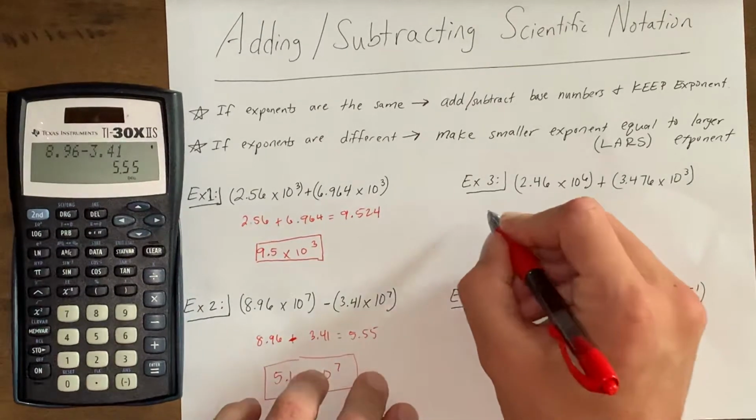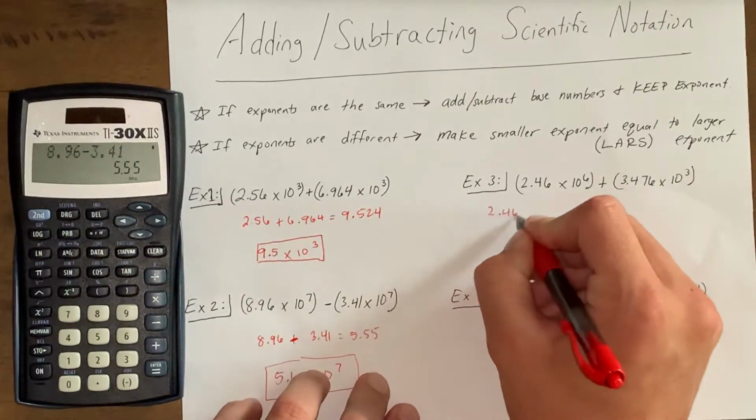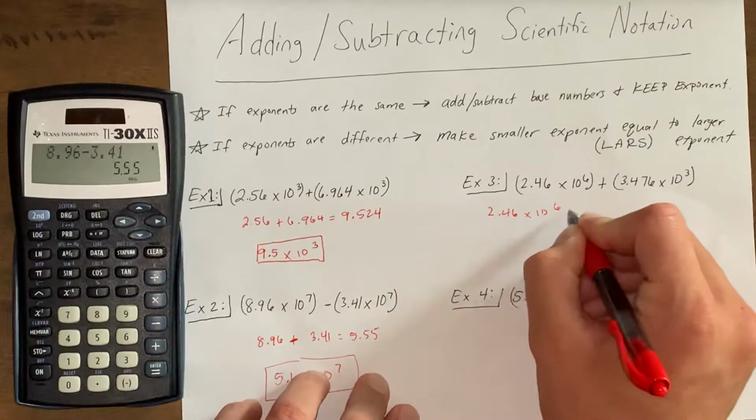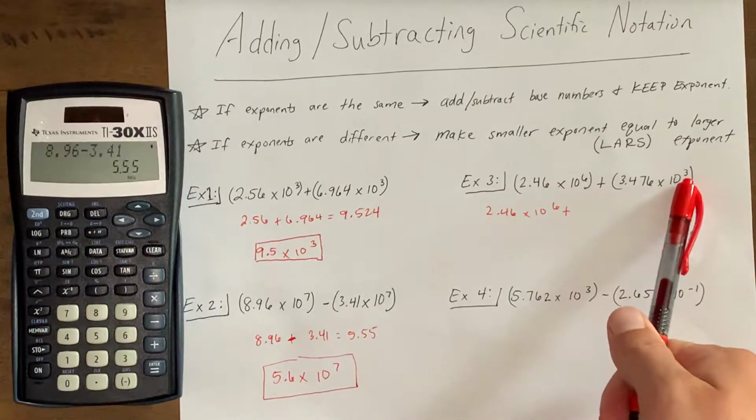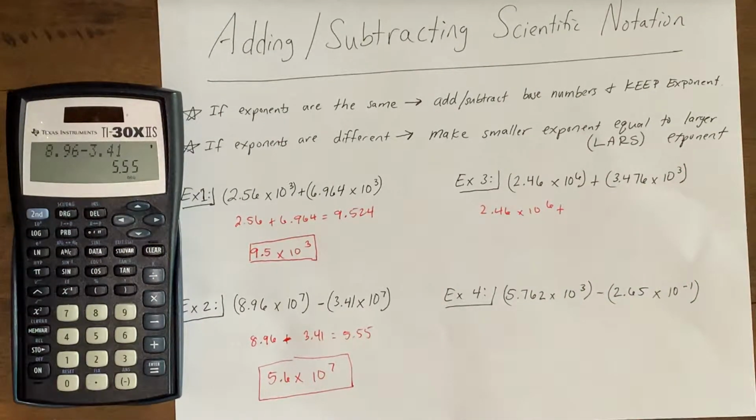So what we're going to do is keep the first one the same, 2.46 times 10 to the 6th, and we're going to be adding there. Now I have to ask myself, what do I have to add to 3 to get to 6? Well, I add 3, so if I'm adding 3, I'm moving my decimal left 3 times.